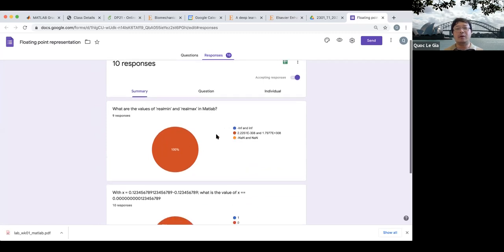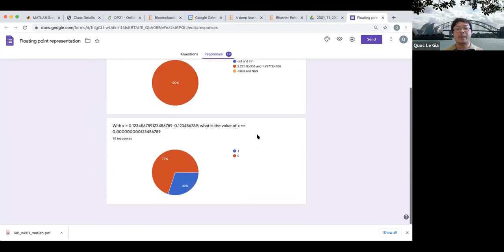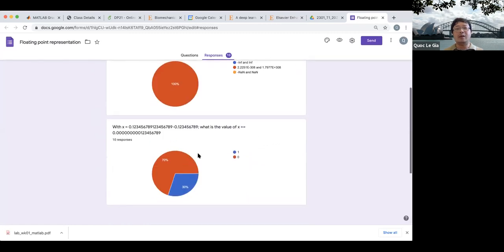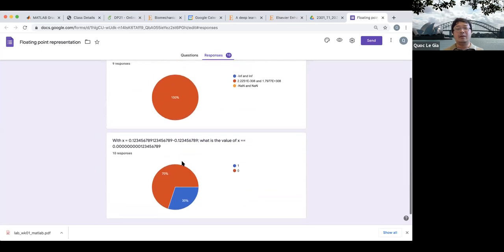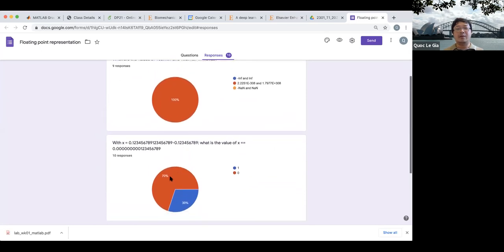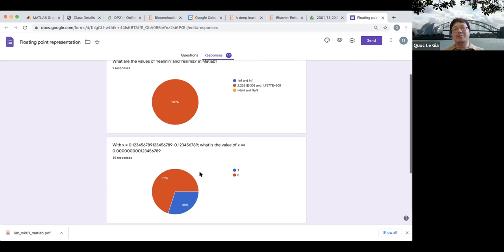Everyone agrees with these values. But for this one, we have a difference. 10 people: 7 say no and 3 say yes. So we have a democracy here.